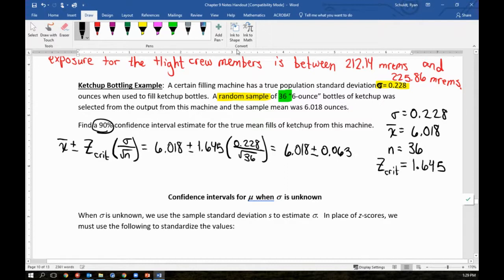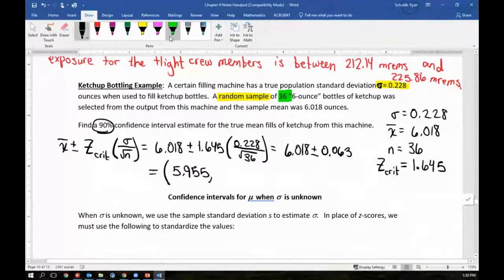Okay, now for our actual interval itself. What would the lower bound be? 5.955.